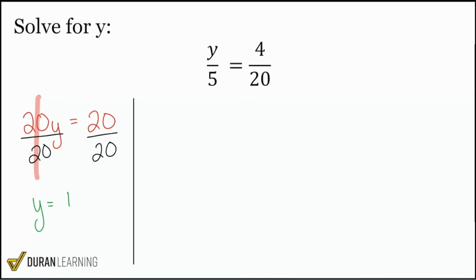Always. Simplifying first and comparing is possible, but it's not always a guarantee. It is possible depending on the numbers you're dealing with. In this circumstance, yeah, we can simplify because 4 and 20 are both divisible by what?